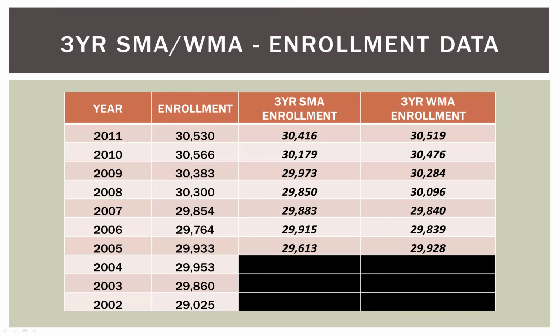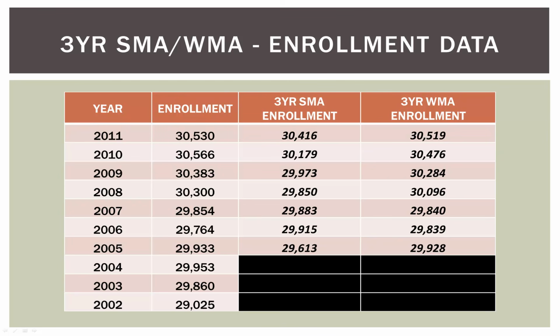Our simple moving average prediction was 29,883. Okay, that's less than 30 students away from the actual enrollment. And then our 3-year weighted moving average was 29,840. So that was 14 students away from our actual enrollment.